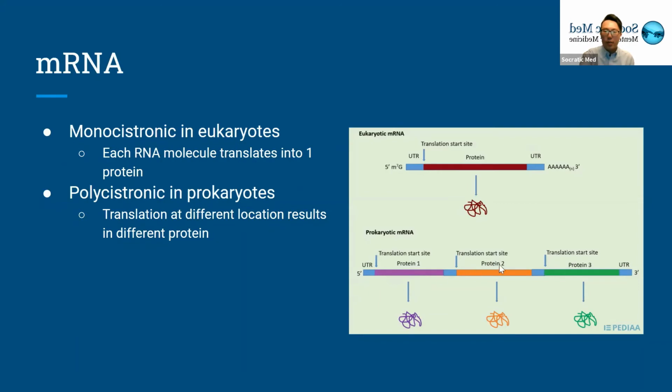Like you see in this picture of the prokaryotic mRNA, when you transcribe from one position compared to a different position, these two positions create two different proteins, while in eukaryotes, each mRNA sequence will only create one specific protein.